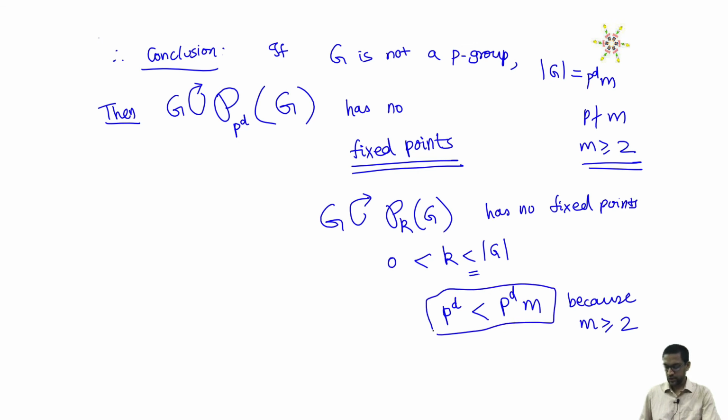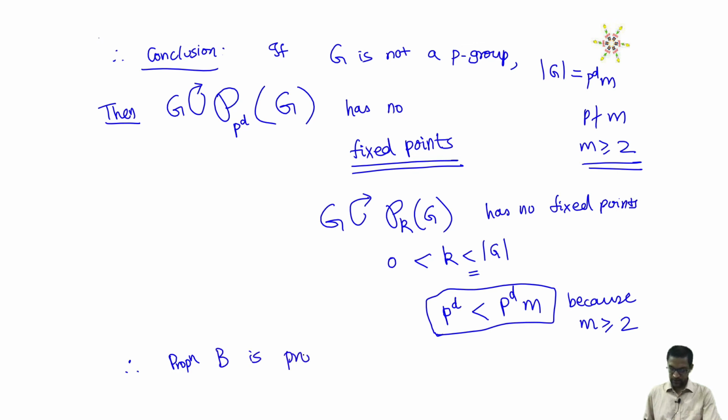So I'm looking at subsets of cardinality p power d that are actually proper subsets of the group. They are not the entire group itself, because p to the d is in fact strictly smaller than the full cardinality of the group. Therefore this proves proposition B. Proposition B is proved.